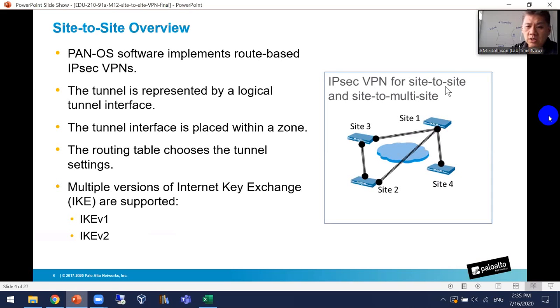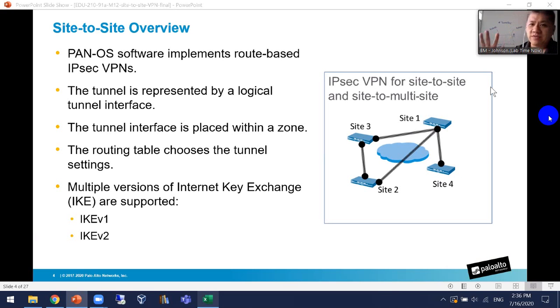If you take a look, we do route-based. We don't do policy-based. The main reason why we are doing route-based is because we support IKEv2. So by default we do route-based IPSec VPN. Don't ask us about policy-based.